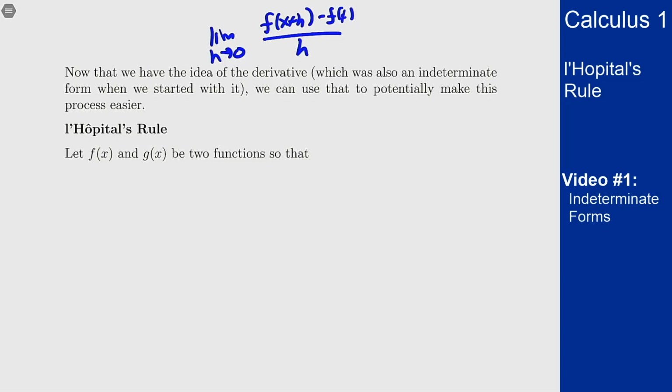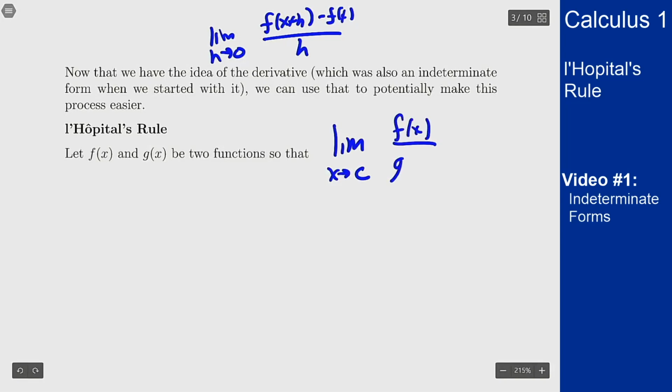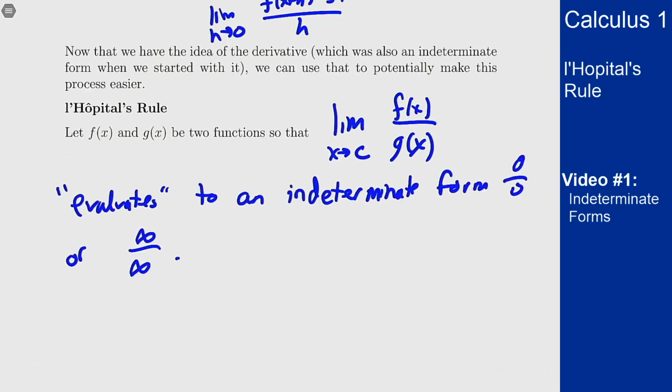So the idea here is the following. Let f and g be two functions so that the limit as x goes to some point c of f of x over g of x evaluates to an indeterminate form of either 0 over 0 or infinity over infinity. Then I can calculate this limit a different way.